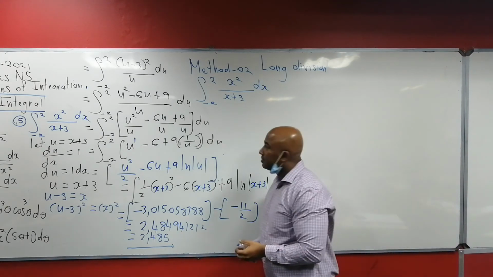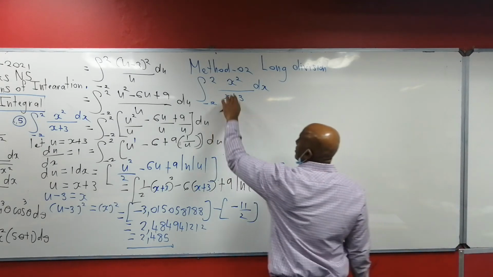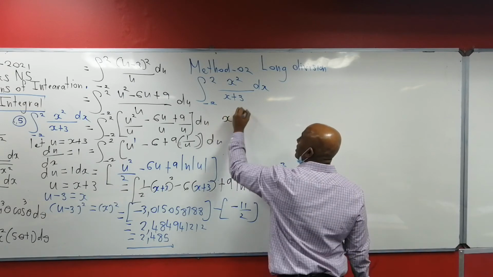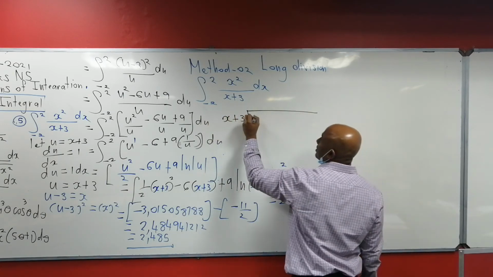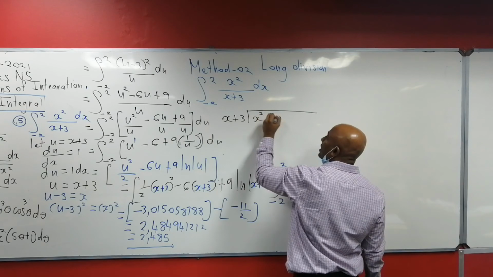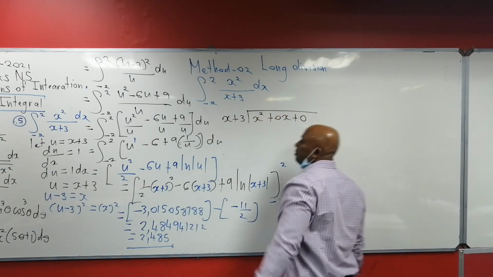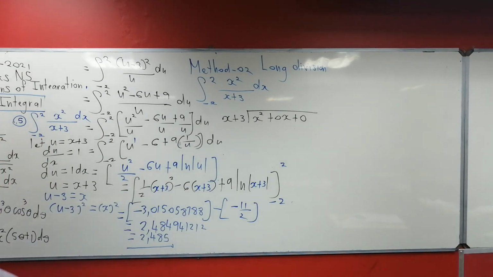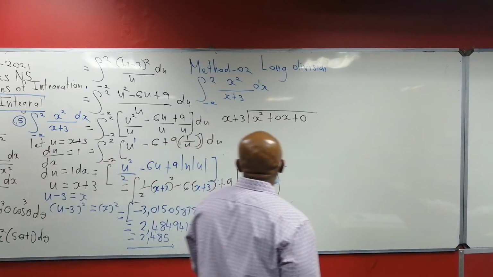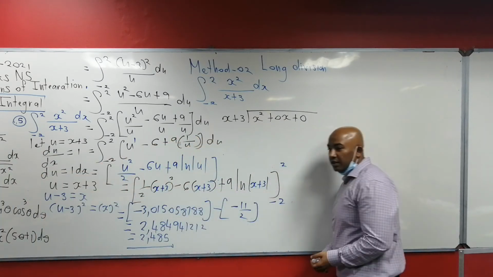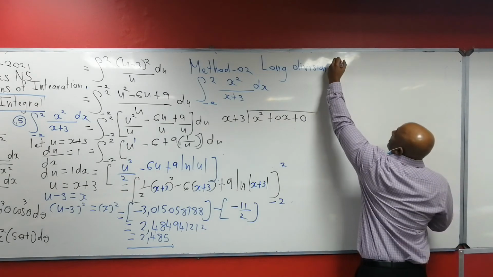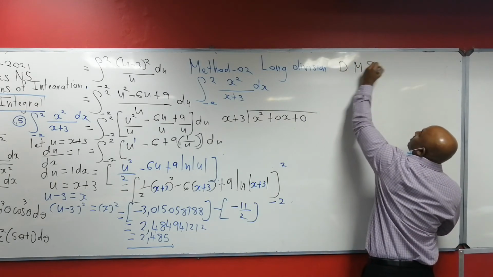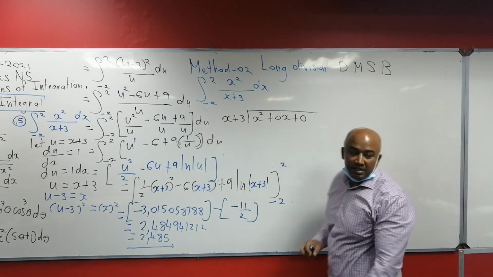So we got our x plus 3, and you have x squared plus 0x plus 0. Remember, don't forget to write all that down also. Right, so long division, the rules are divide, multiply, subtract, bring down the next term.